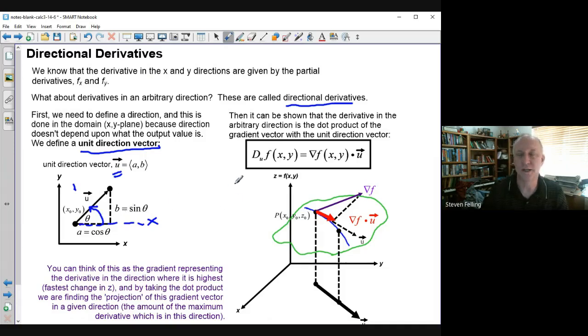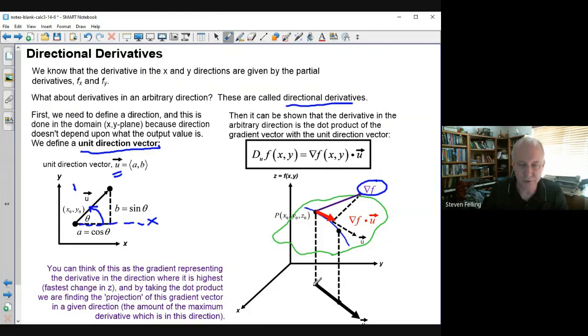And so here's the idea. If we know the direction on a surface of maximum increase, and that's the gradient vector del f, then I can project a percentage of that in some particular direction by figuring out how much of that is projected in the direction we're defining.